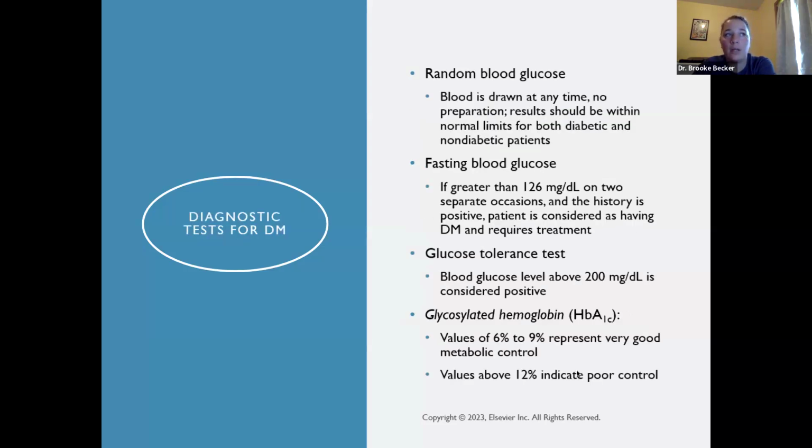You're going to do random blood glucose level or fasting blood glucose level, or they'll do a glucose tolerance test, which is what you see with pregnant moms. Okay. And then A1C, of course. That's the average of the blood sugar over a 3-month period.